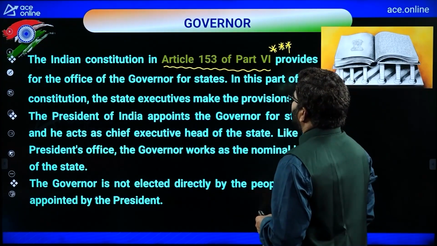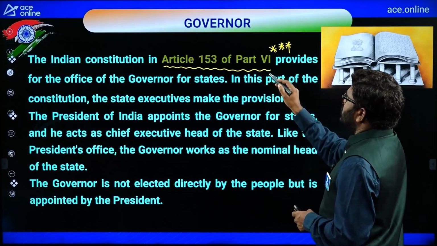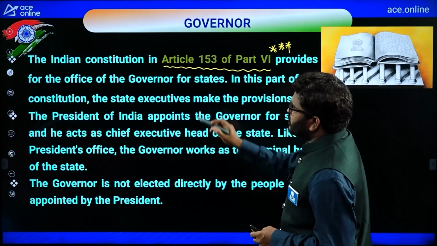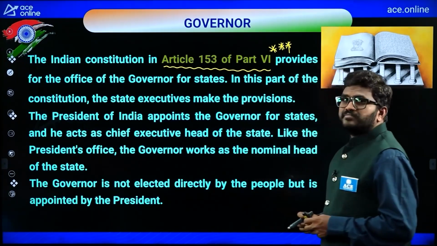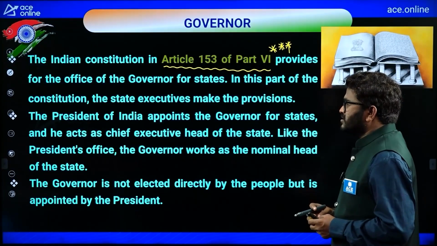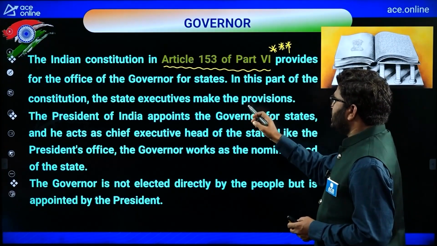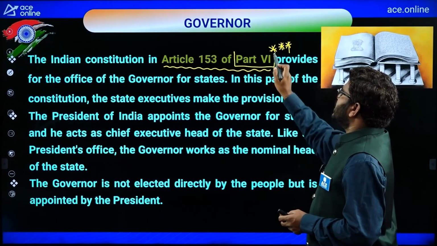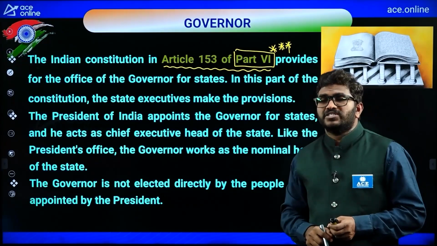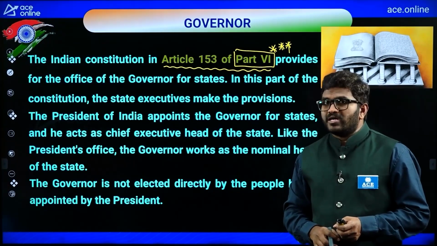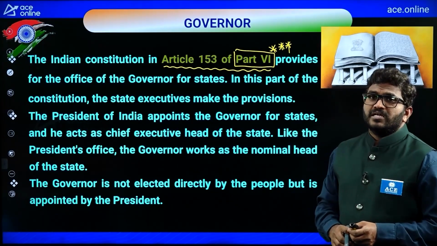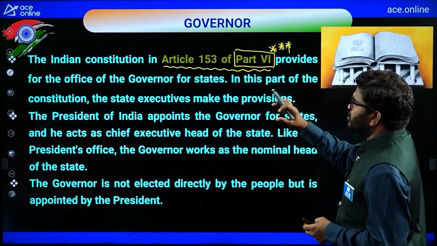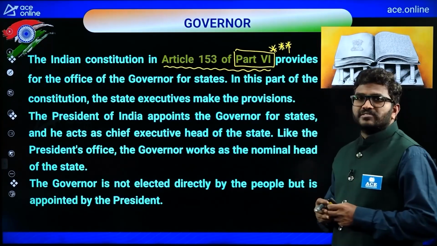This article 153 of part 6 provides for the office of the governor for states. In this part of the constitution, the state executive makes the provisions. Part 6 explains the state executive functions. The governor is also the head of the state executive. That's why the governor is mentioned in part 6.